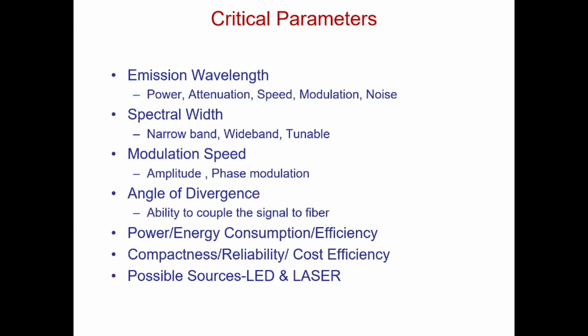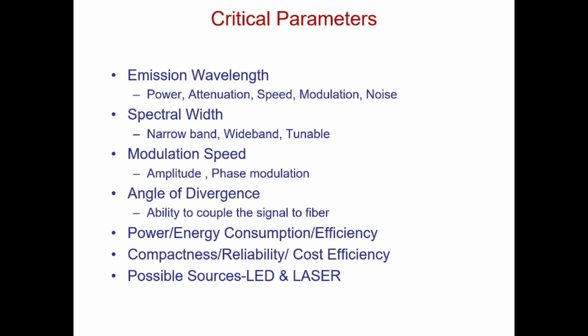And the next parameter to be considered is the angle of divergence. The angle of divergence indicates how much the signal is being spread. At one angle the signal is diverged, and it determines the ability of the fiber to be coupled.